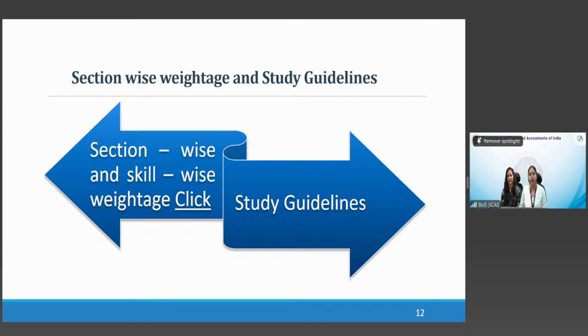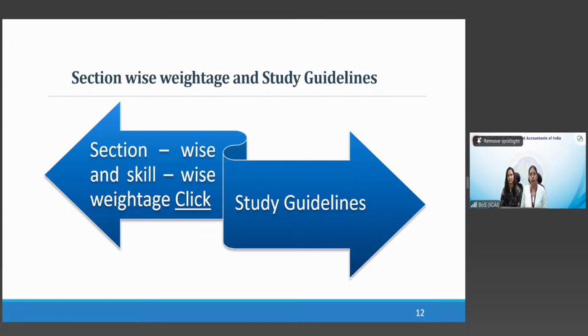Then come the enforcement provisions, demand recovery, appeals, revisions, offences, penalties, and then the procedural law. Similarly, in customs also, valuation, levy of customs, classification, types of duty, that is the substantive provision, and they carry the highest weightage, followed by the procedural law, foreign trade policy, and then import-export procedures, warehousing. Study guidelines has those topics which are excluded from the syllabus.